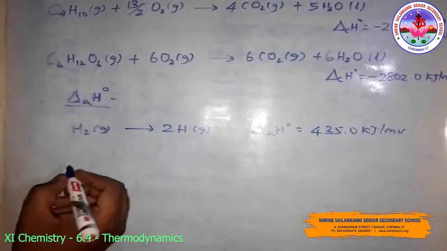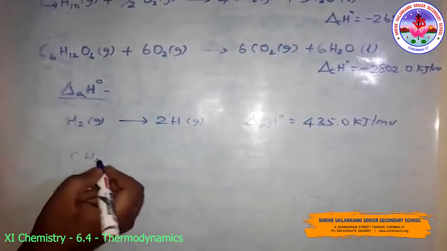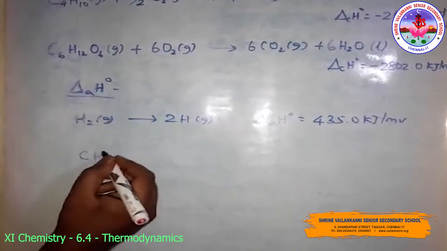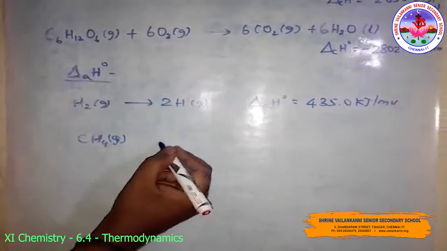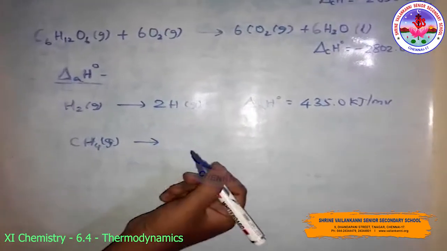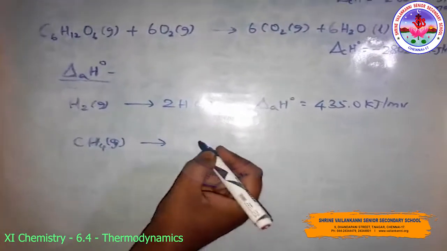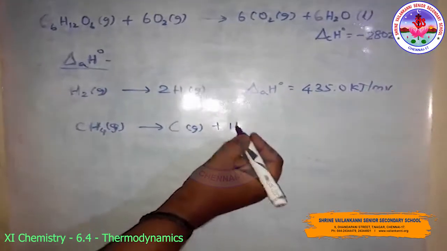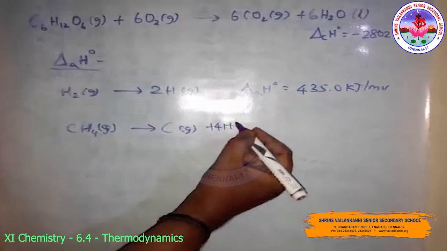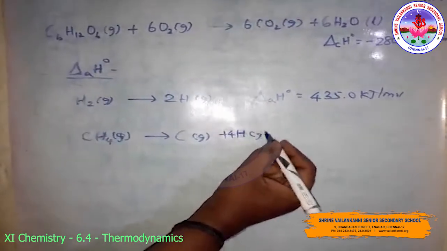Then another example, methane, CH4 gas, undergoes atomization to give carbon gas and 4 moles of hydrogen gas.